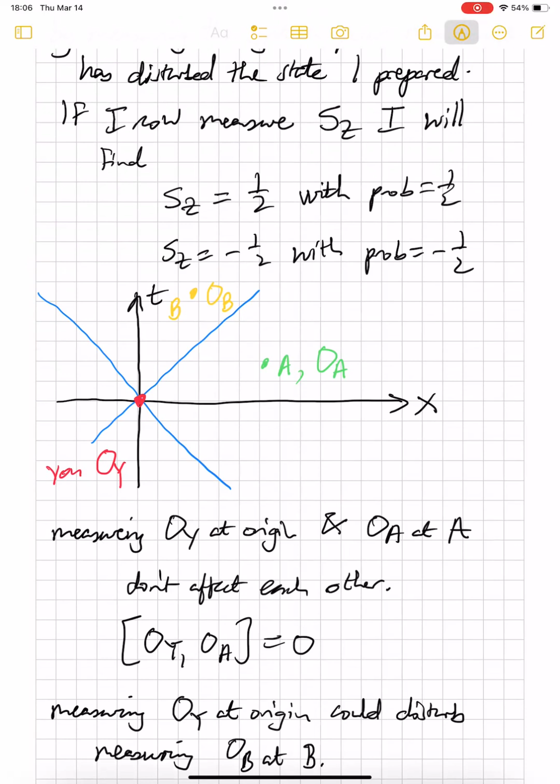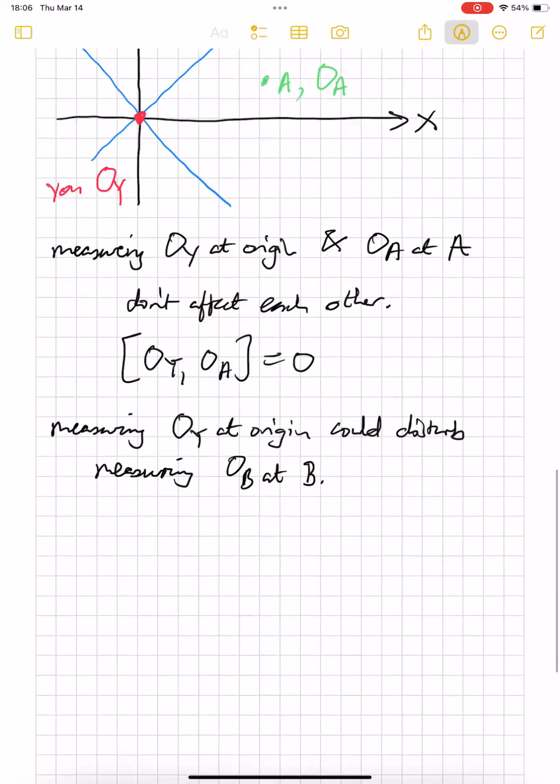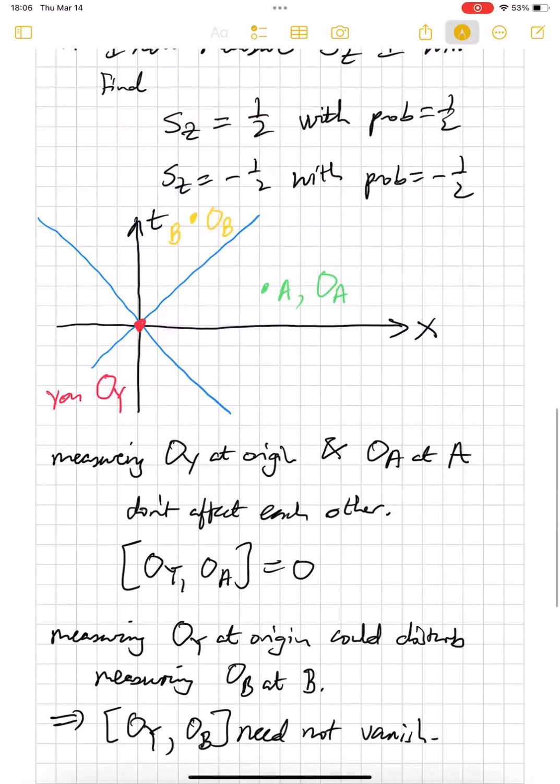That's because light can travel from the origin to point B. Light can travel between those two points. You could move between those two points. So something that happens at the origin could disturb what happens at B. So that means the commutator between O_Y and O_B need not vanish. It is possible that making a measurement of O_Y will disturb a measurement of O_B. We'll continue in a minute.